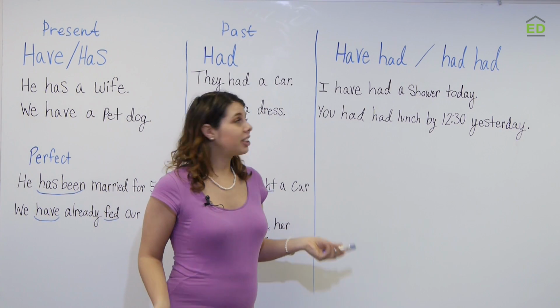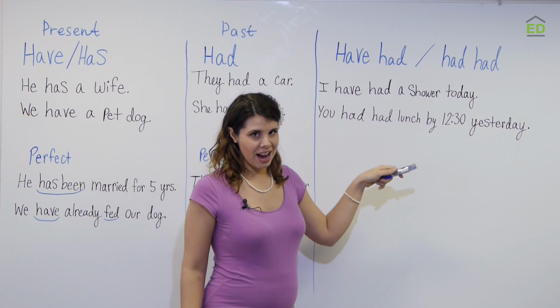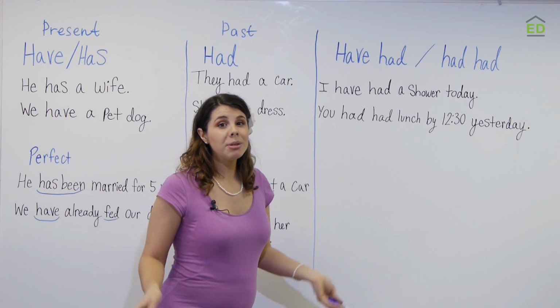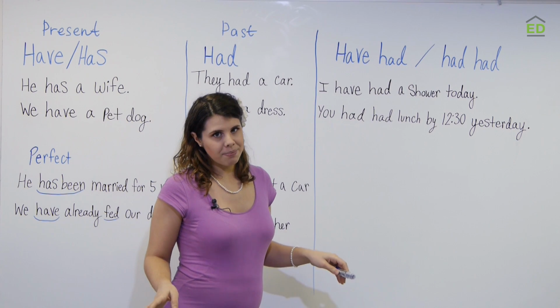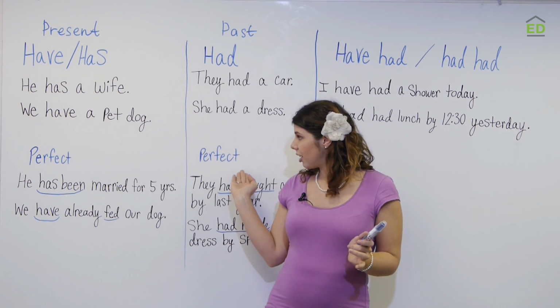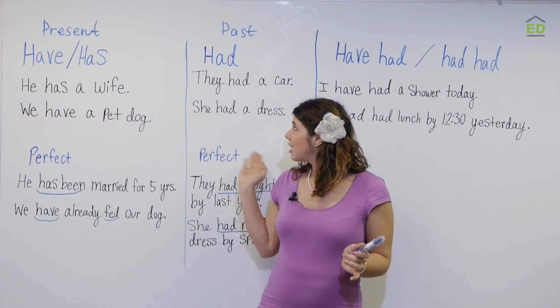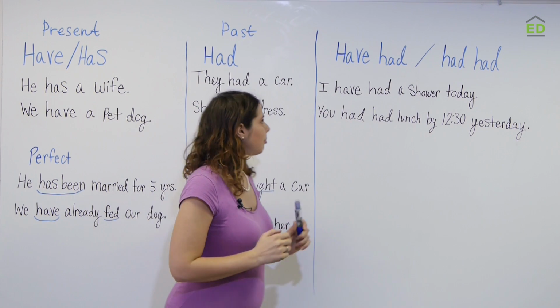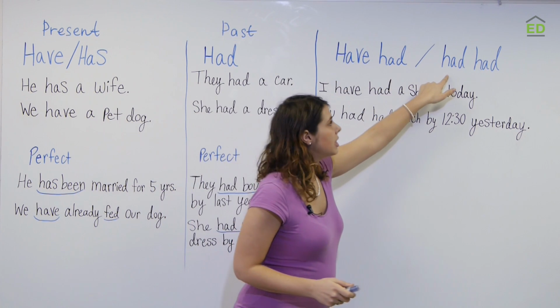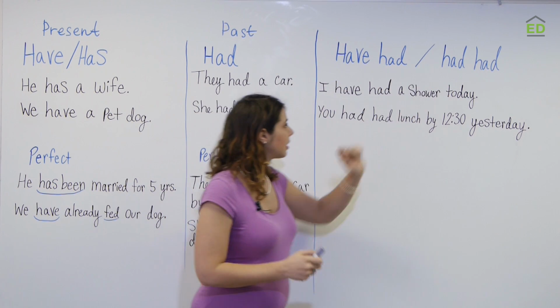Now let's take a look at have had and had had. It may sound a little strange at first, but I promise you it's not that strange. Basically, it's just like what we learned here, the present perfect and the past perfect. So this one is the present perfect and this one is the past perfect.